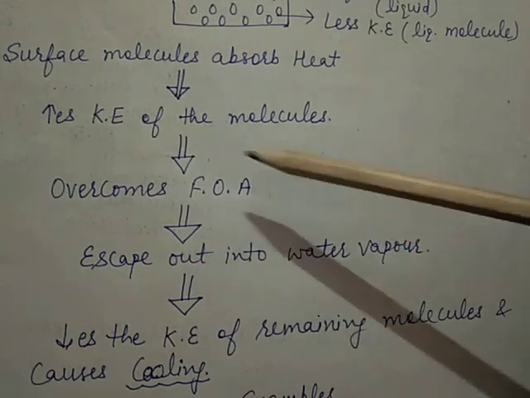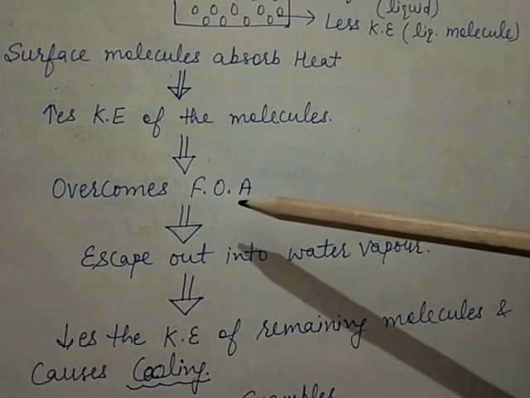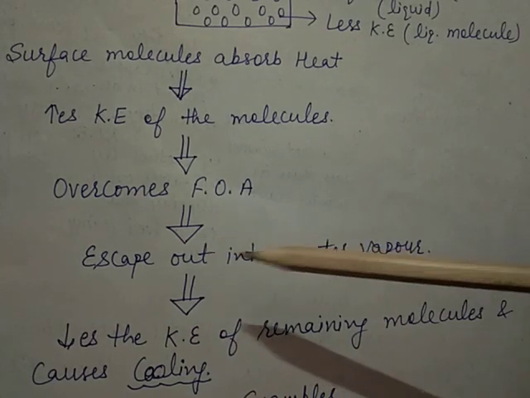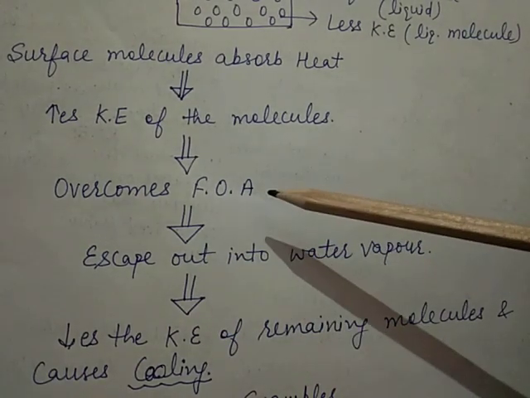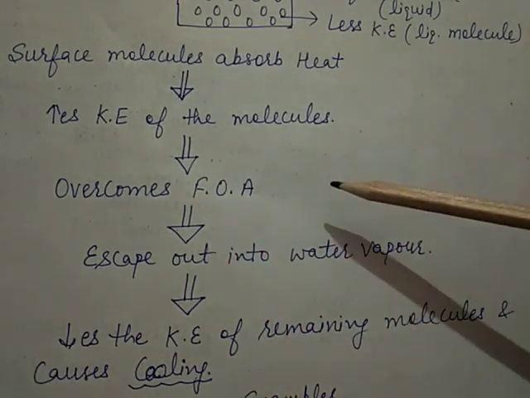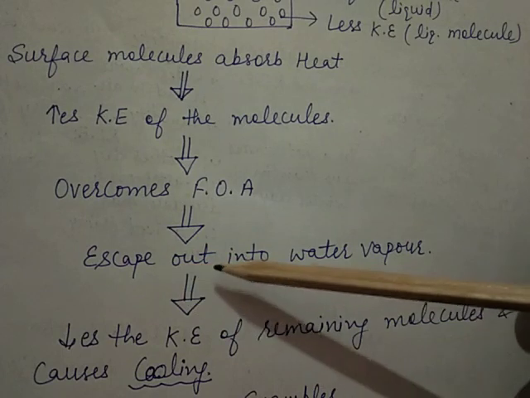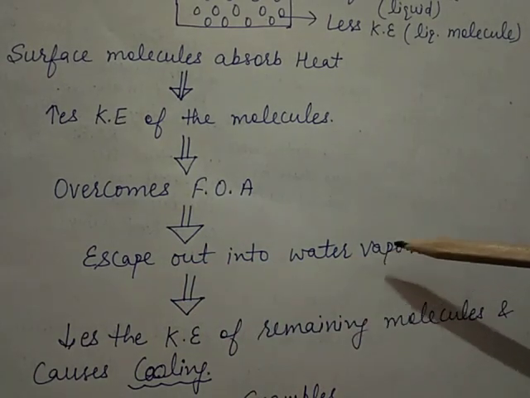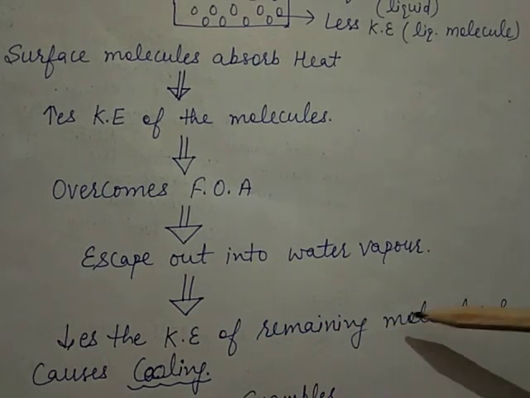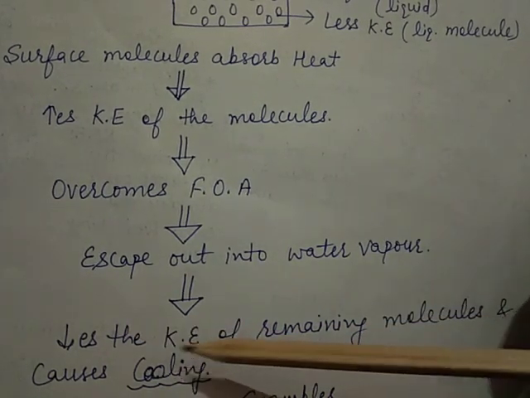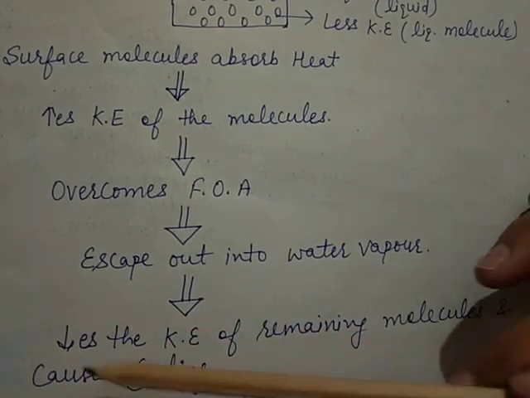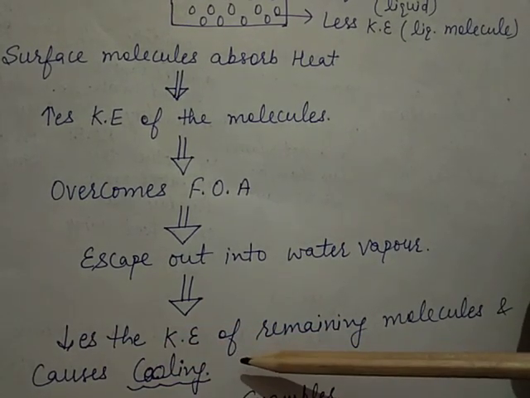To overcome the force of attraction between the particles, particles gain energy from the rest of the molecules, and the temperature gets lowered, and they escape out into water vapor. So the remaining molecules present in the liquid state have less kinetic energy and the temperature is lower, so it causes the cooling effect.